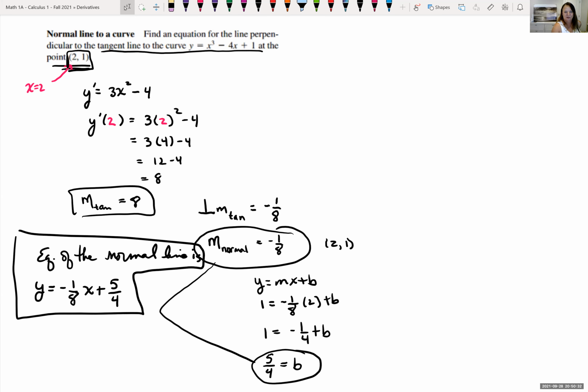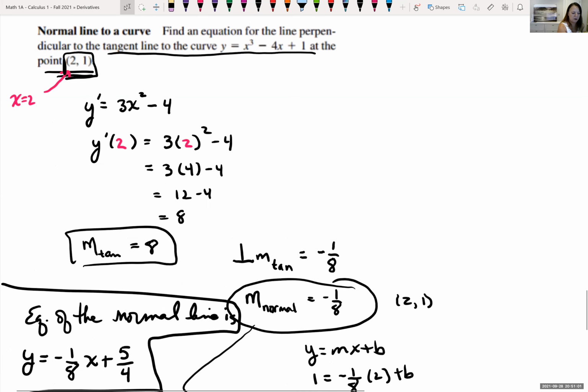So if you were watching this video, we just went through finding the equation of the normal line. We were given: find the equation of the line perpendicular to the tangent line y equals x cubed minus 4x plus 1 at the point (2, 1). We needed to find the derivative that would give us the slope of the tangent line. Once we evaluate it when x equals 2, we can use our fast way of taking derivatives, the general power rule.